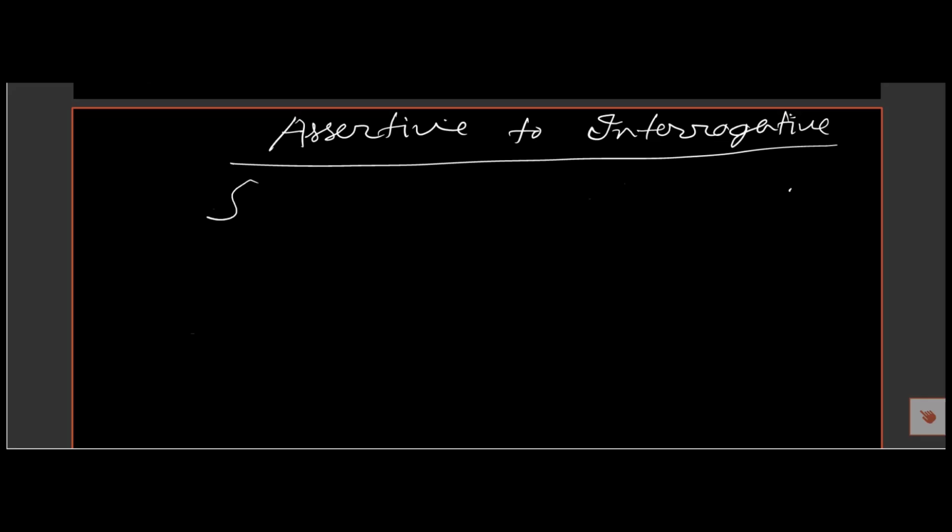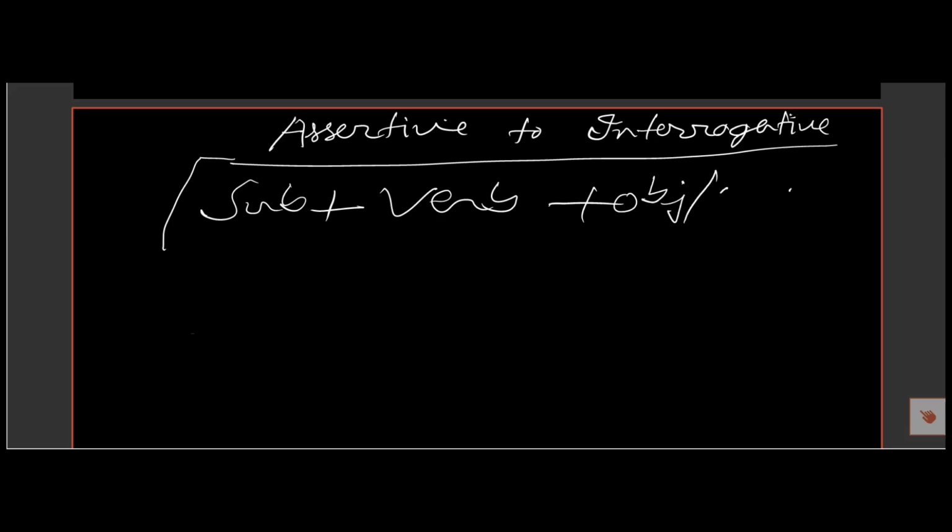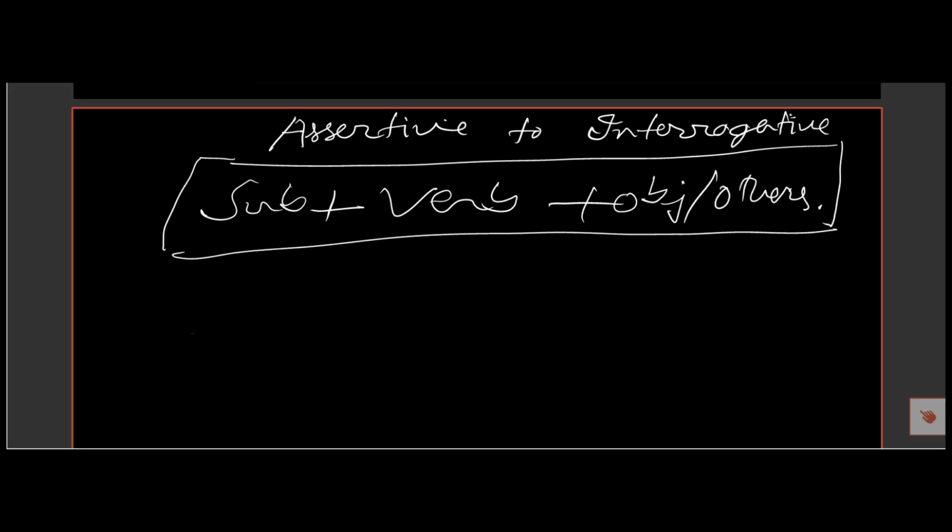We know an assertive sentence begins with subject, then verb, then object or others, or extension. So this is the structure of an affirmative sentence, which begins with the subject.